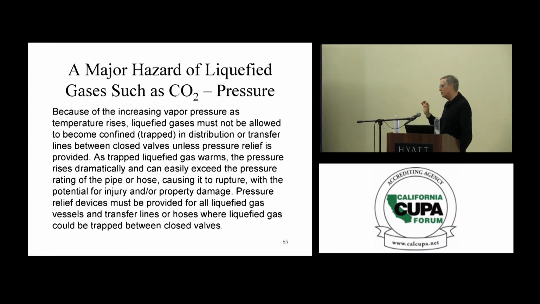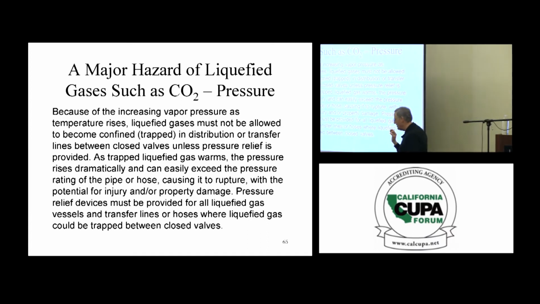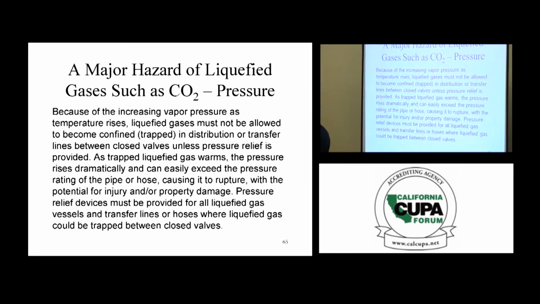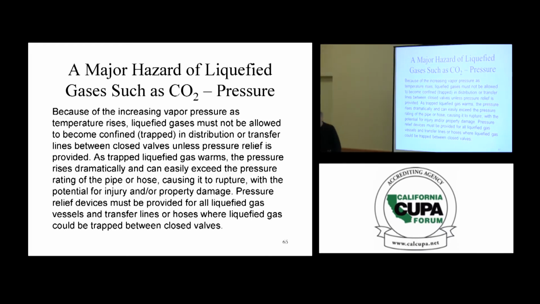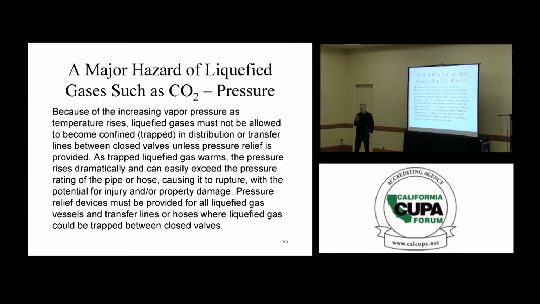So if I'm going to store CO2 in a cylinder at room temperature, I know the room temperature during the course of the year and the course of the day where it's stored is going to go perhaps from 10 or 15 degrees C, which is down around 50 degrees F, up to, let's say, 105 degrees F in a storage area.